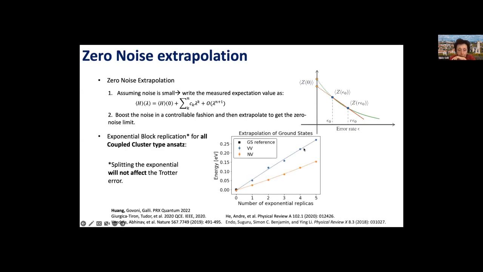And again, this is a little bit technical. It's in this paper, PRX Quantum, that we published a few months ago, where we boost the noise in a certain way without affecting the error that we have in our ansatz for the wave function, the Trotter error. And then we extrapolate. And you see here, the extrapolation actually works beautifully. And we then remove a majority of the noise coming from the device.